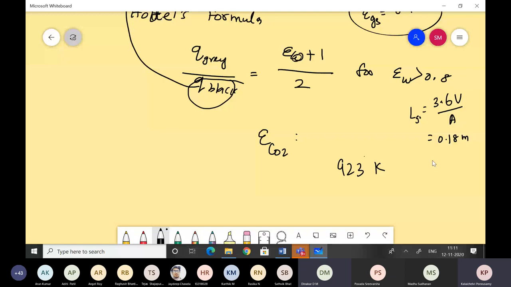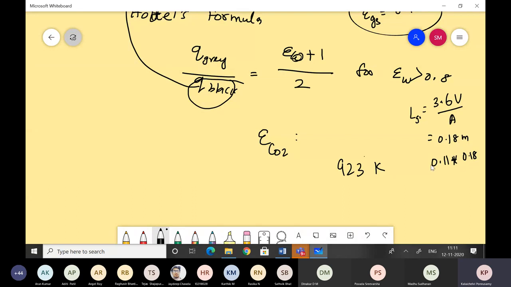So multiplied by your partial pressure of CO2. What is the partial pressure of CO2? It is 0.11, right? It is 11% by volume.